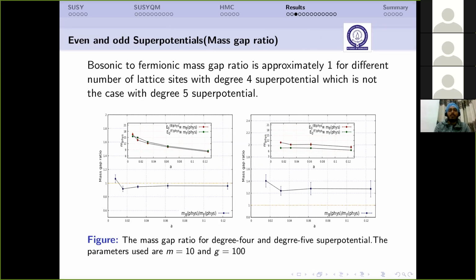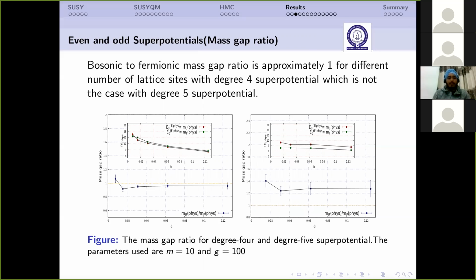The bosonic correlator is a cosine fit, and the fermionic one is decaying. If we fit the first half of the lattice sites to an exponential decay function, we extract the bosonic and fermionic mass gaps. We get the lattice values and convert them to physical ones.